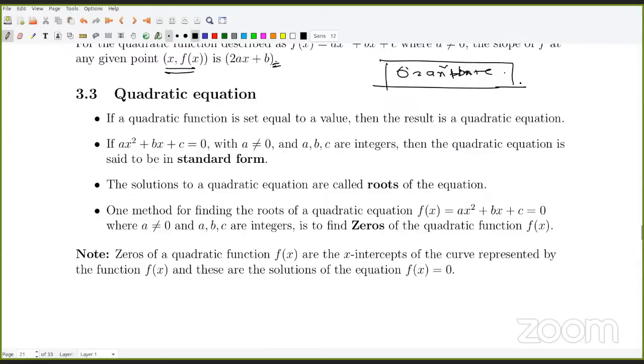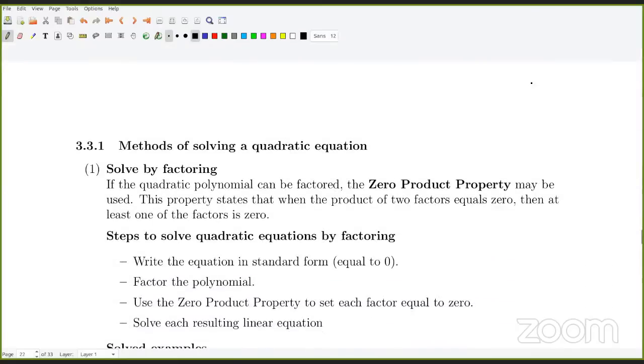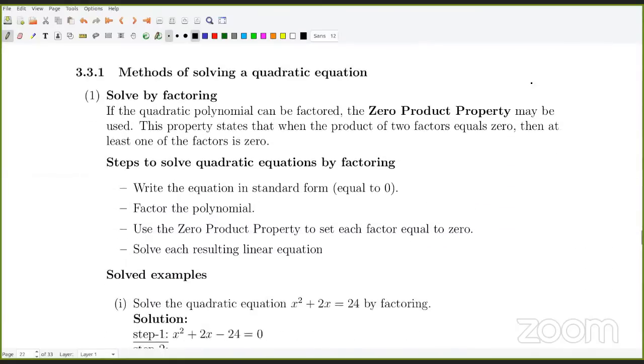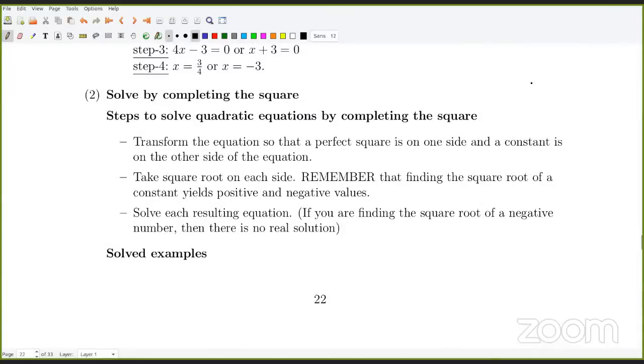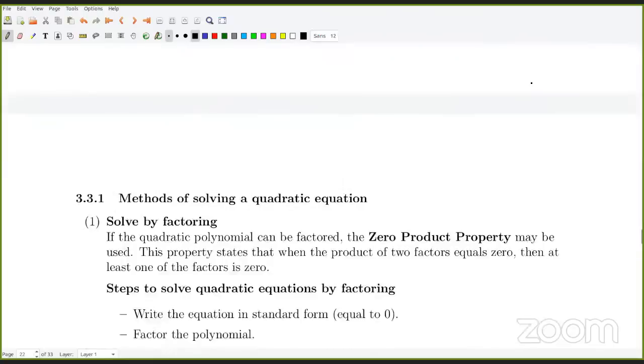And now this is a quadratic equation and we can solve this quadratic equation by many methods. There are 3 methods, I guess: solve by factoring, solve by completing the square, and you just have to use the formula.